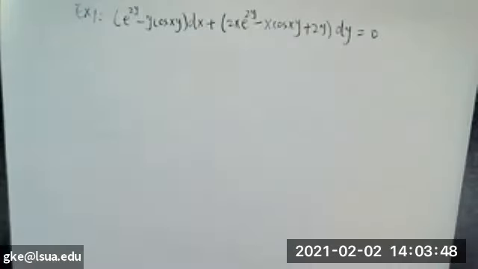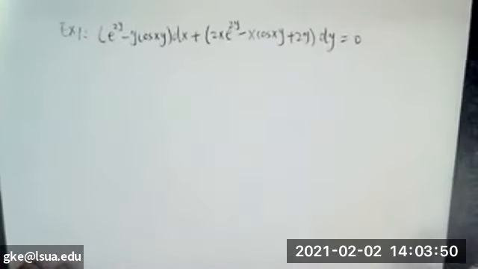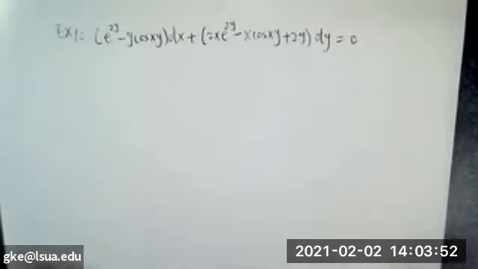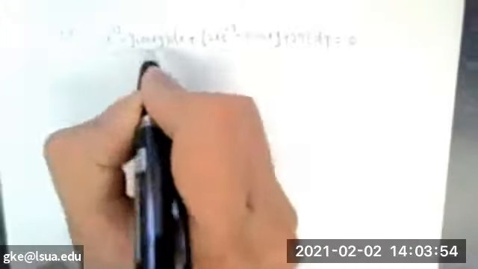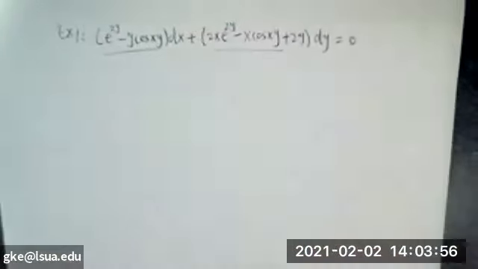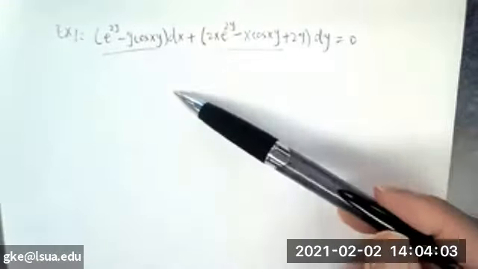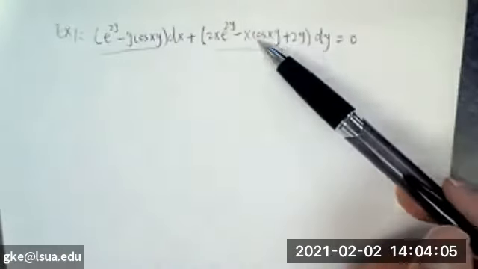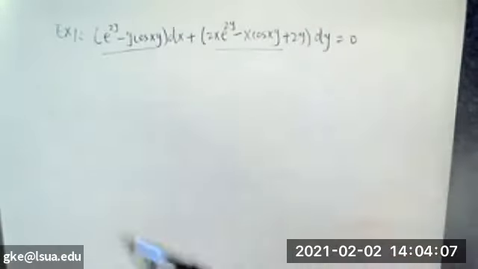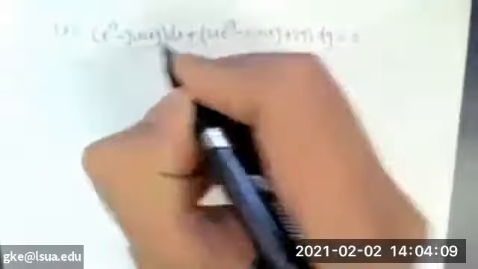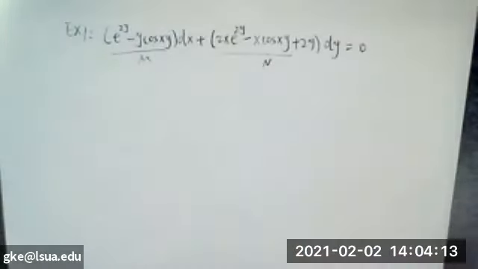Okay, now as we can see, for this ODE, we have M and N, right? Now follow the steps. The first step, you're going to calculate partial M over partial y and partial N over partial x, and check whether they are exact equations.